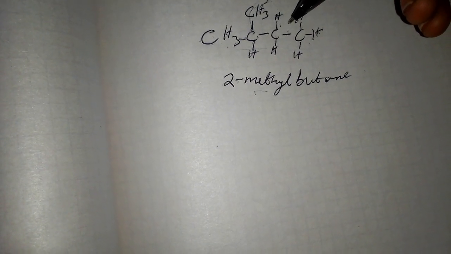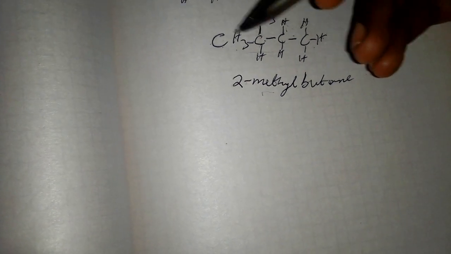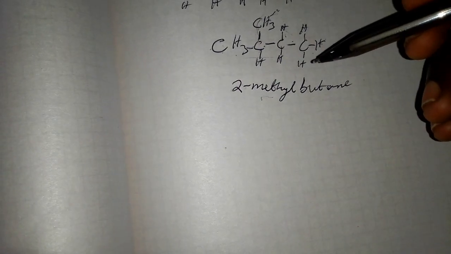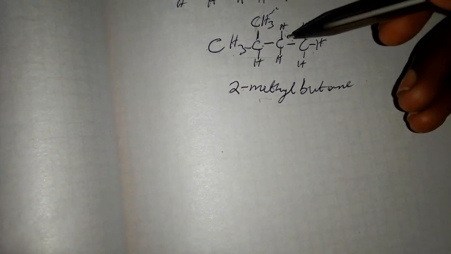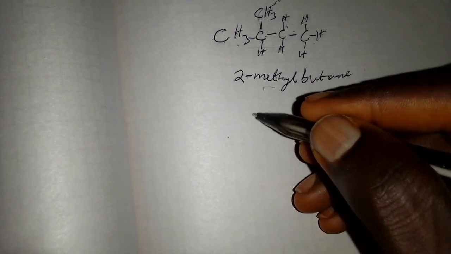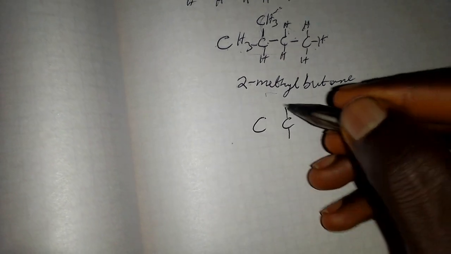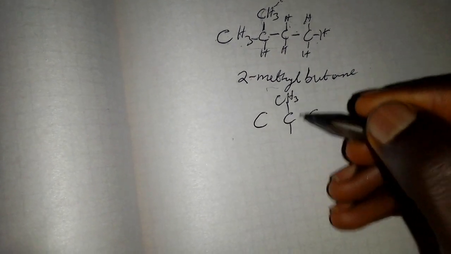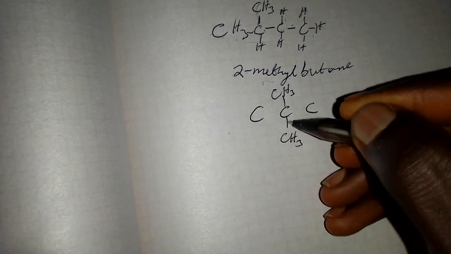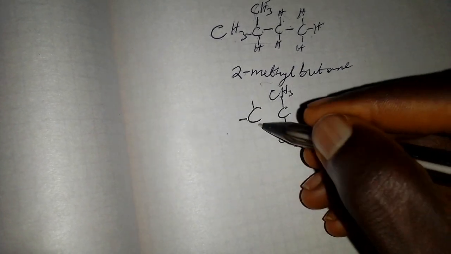So what we do is we detach another methyl group and attach it to the carbon atom in the middle. So we have 3 carbon atoms, with 2 methyl groups attached.